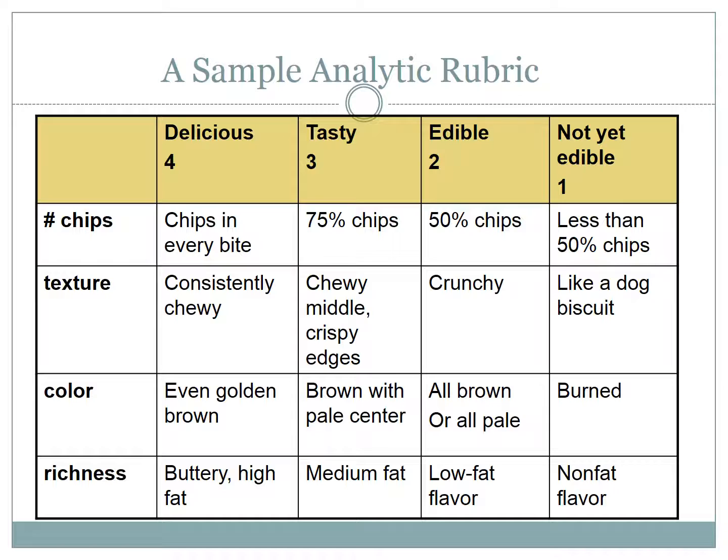So one cookie might have a 10. And so if you scored that cookie, chances are you would be much closer to my score if you use this rubric than if you use the previous rubric, and certainly much closer on agreement than if we just said which is the most delicious cookie.